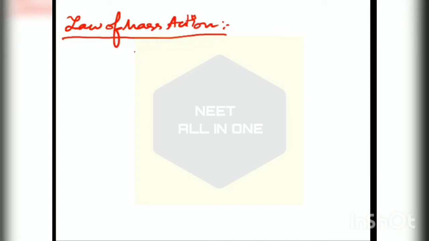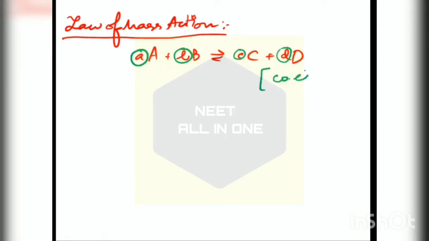So to understand this, we first have to write an equation. So let's write, that is small a capital A plus small b capital B, small c capital C plus small d capital D. Now this A, B, C, D all are coefficients.